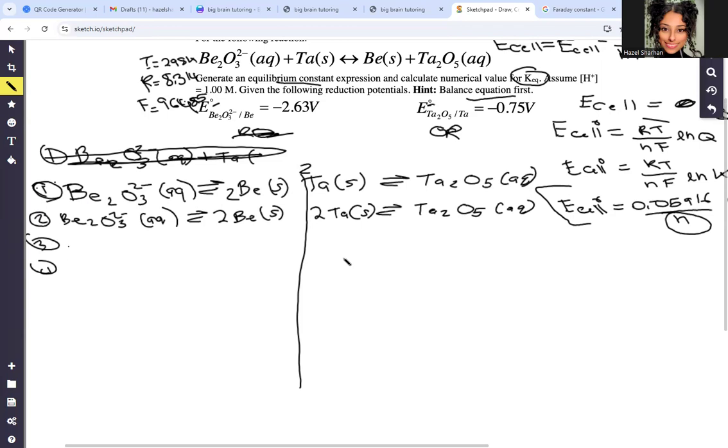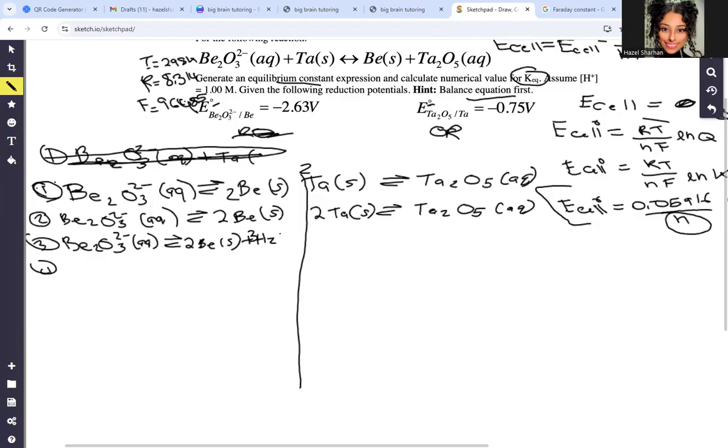And then I'll just do it really quick. So we have 3 oxygens here. Maybe I'll exclude the states just for the sake of saving space. And then we're going to add 3 waters here.